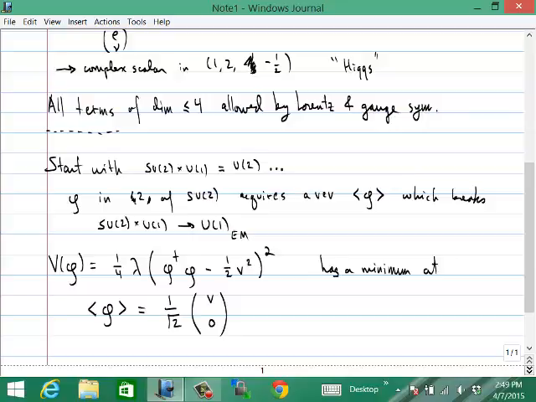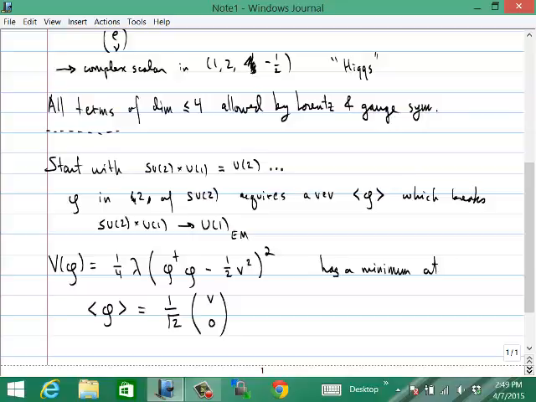The only thing that I am assuming is that the parameters in V are such that V of phi has a minimum which is non-zero. Why does V of phi have a minimum that's non-zero as opposed to one where phi is equal to 0? That's a mystery. We're instructed just by the general principles of renormalization to write down an arbitrary effective action.